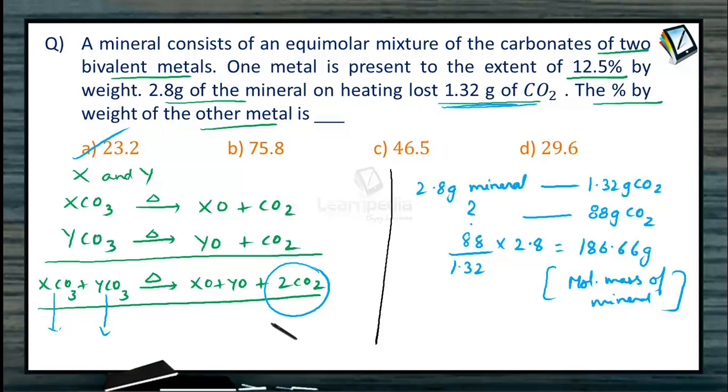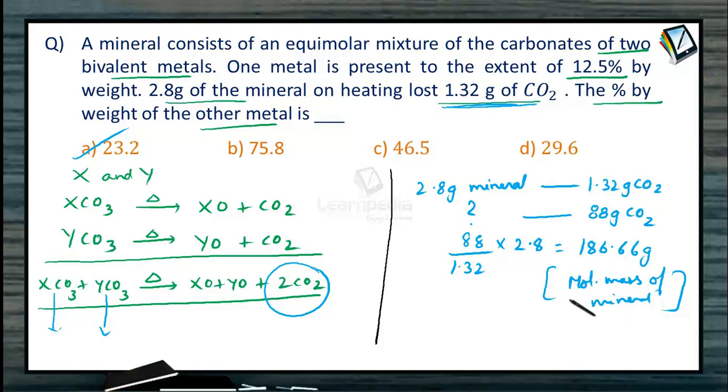So what we have done here: first, from the hint of 1.32 grams of carbon dioxide lost from 2.8 grams of mineral, we could calculate the molecular mass of the mixture, because the total mixture containing 1 mole of each carbonate together gives 2 moles of carbon dioxide, and we get 88 grams of carbon dioxide from 186.66 grams of the mixture, which is nothing but the molecular mass of the mineral.